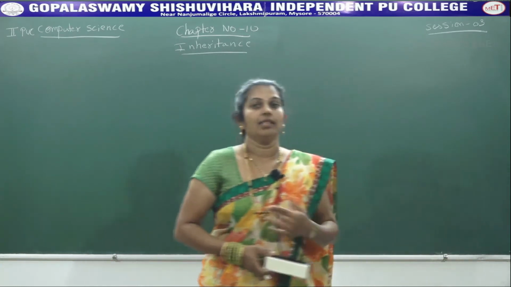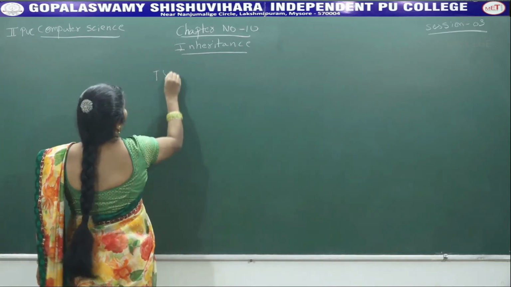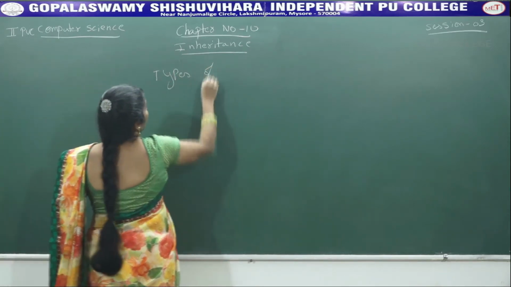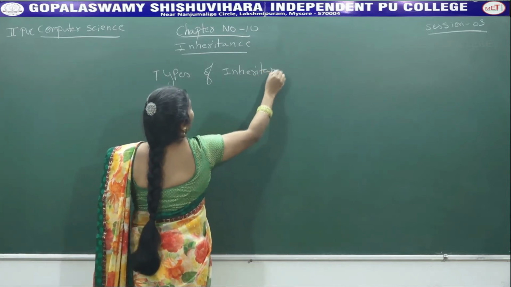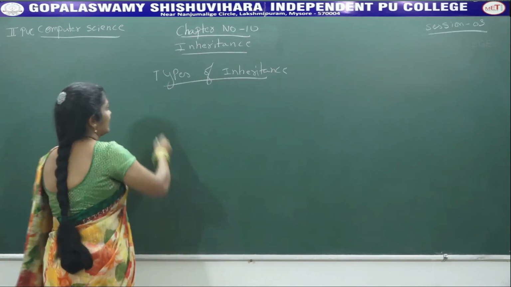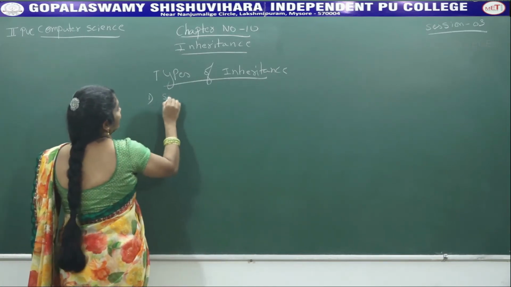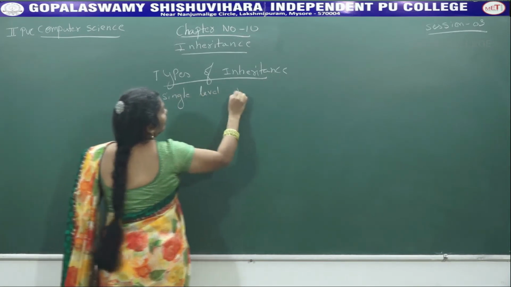Today I am going to explain the different types of inheritance. Which are the different types of inheritance? There are 5 types of inheritance. The first one is single level inheritance.